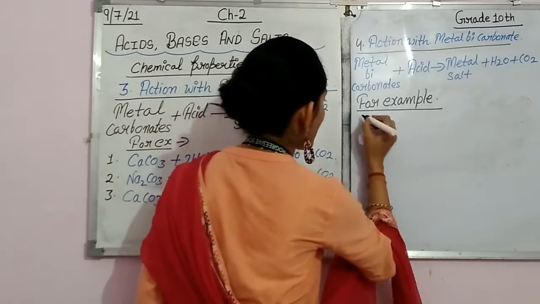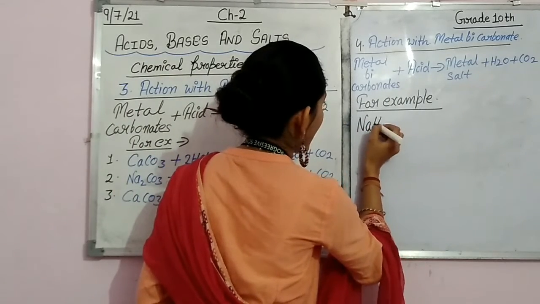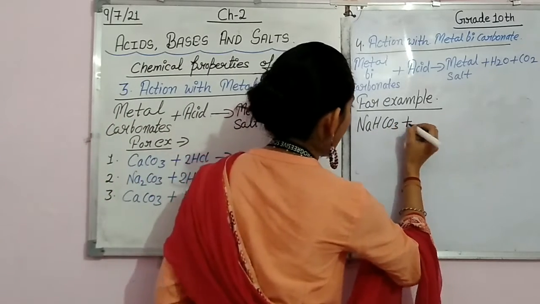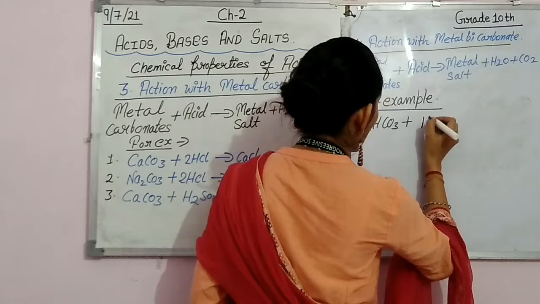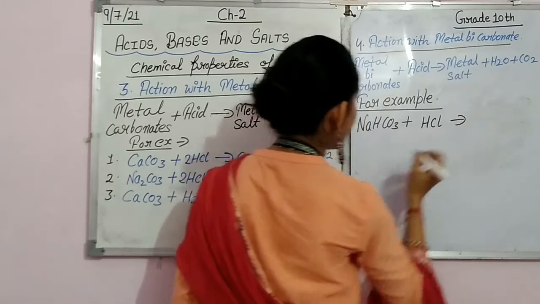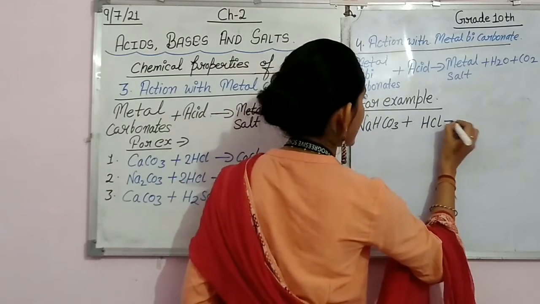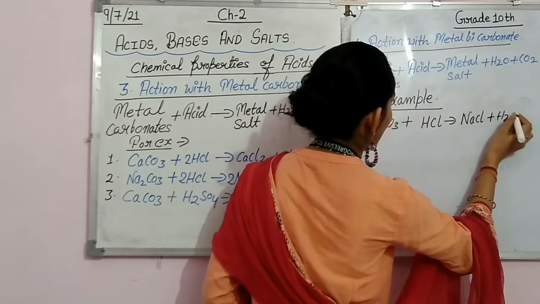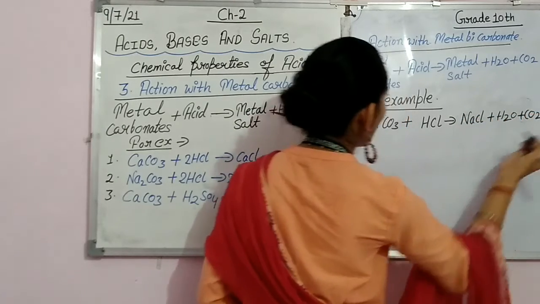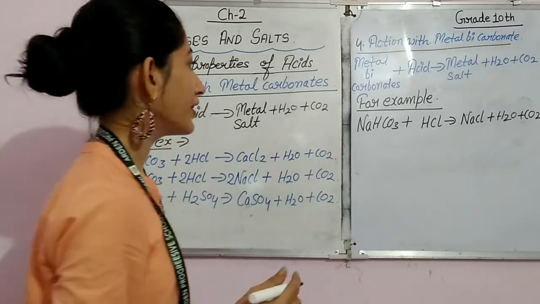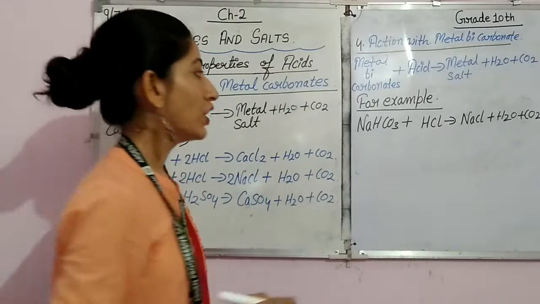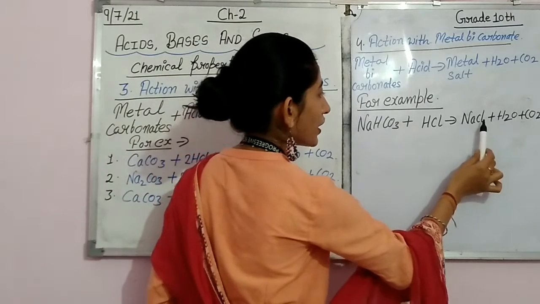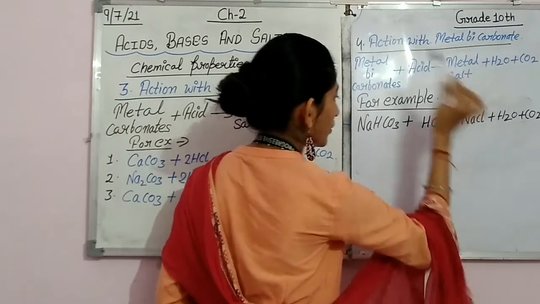We have sodium bicarbonate, NaHCO3, and when it reacts with acid, it gives first of all NaCl, then water, and then CO2. I hope it is clear how it gives such products.